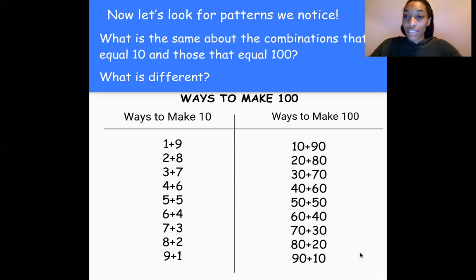The only thing that's different is that these are adding ones to equal 10, and in this column, it's like adding tens to equal 100. And we know that 10 tens equals 100. The only thing that's different is the 0 makes it the value of tens, while these are singles or ones.